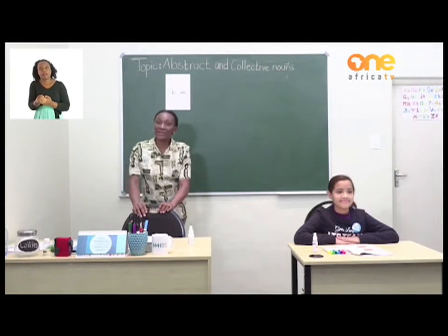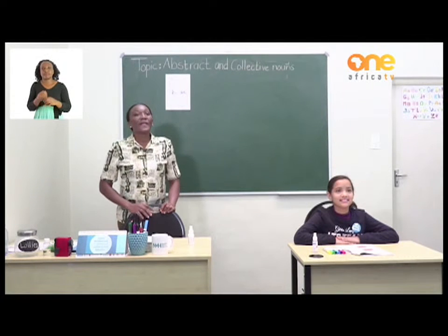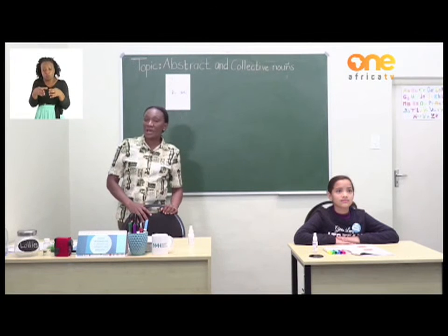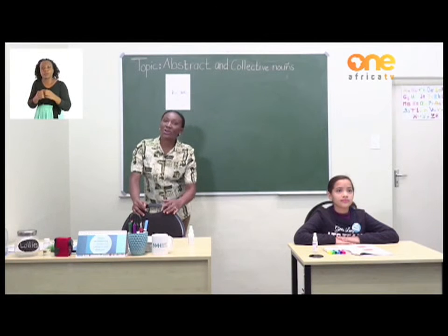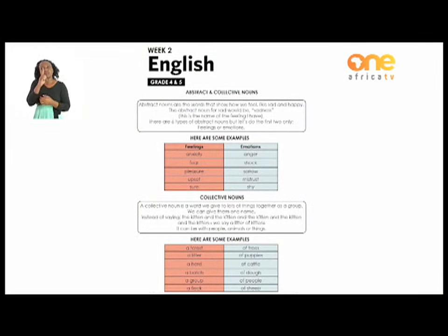Well, I have few examples of collective nouns. For example, a flight of stairs, a school of fish, a pride of lions. Let us look on our page 16 on the few examples of collective nouns. As you can see, it's written there.